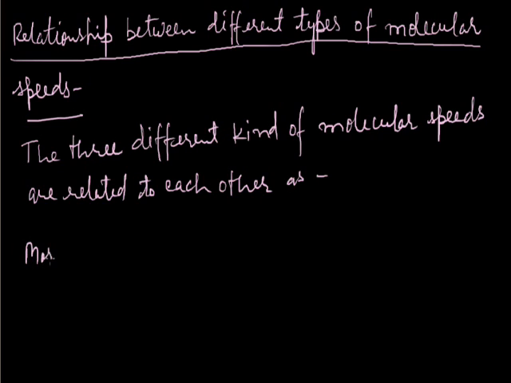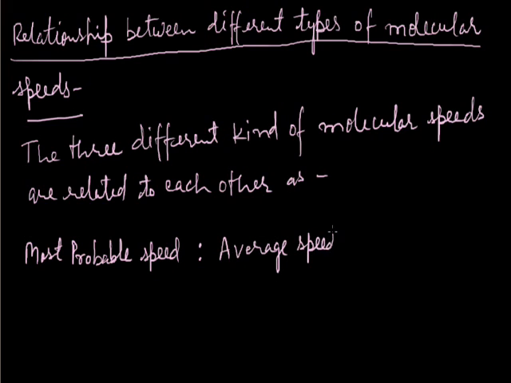Most probable speed is to average speed is to root mean square speed, RMS speed.